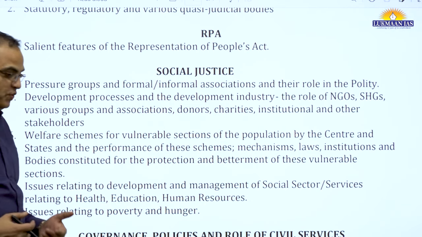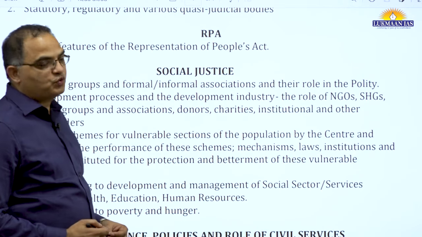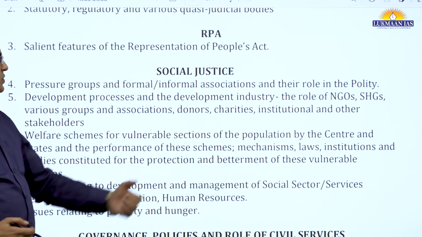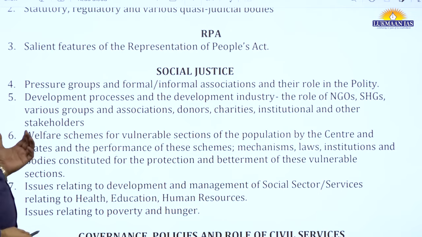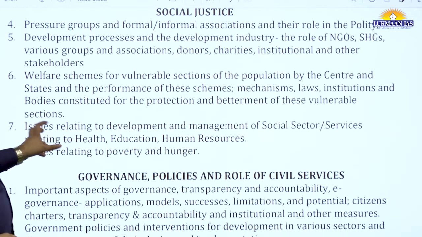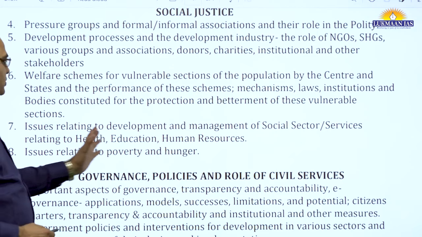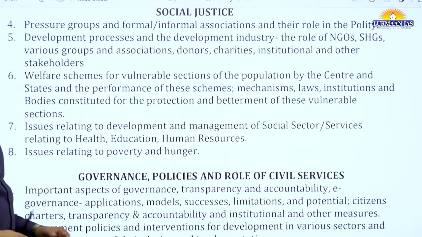That's why you'll find this has been given special significance, and these institutions have also started playing an important role. Nowadays, you see self-help groups, cooperatives and non-governmental organizations, etc. Then education, health, etc. So social justice, again, they have specified.